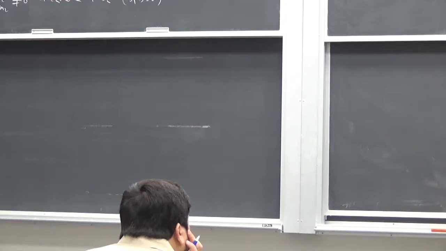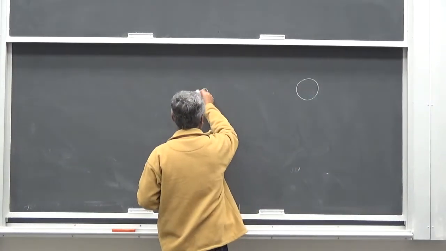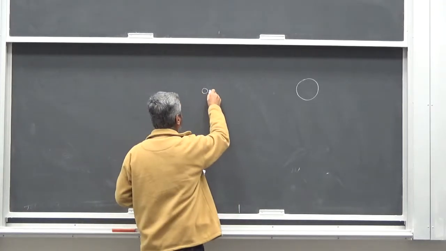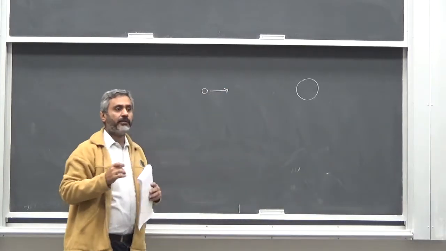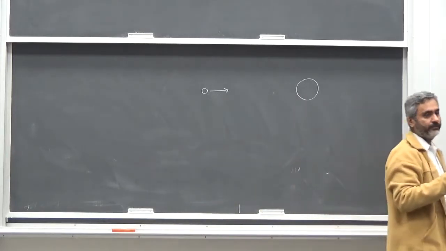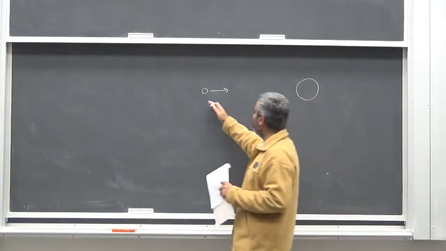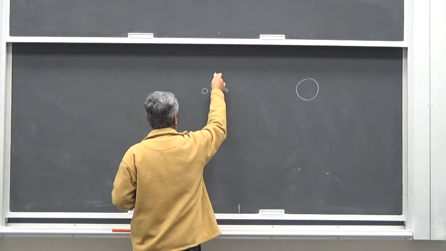So basically, you have a target and you have a projectile, and you hurl this projectile at this target. The special thing about this is that you know the momentum exactly.